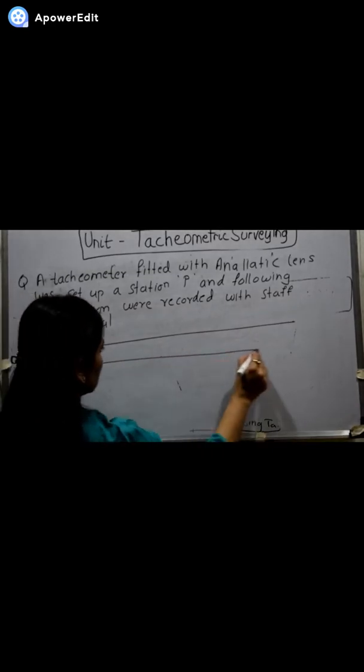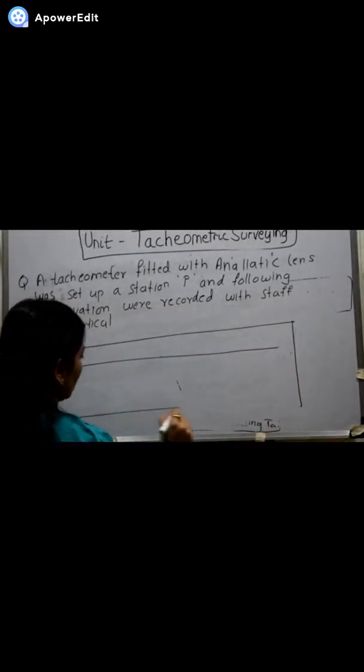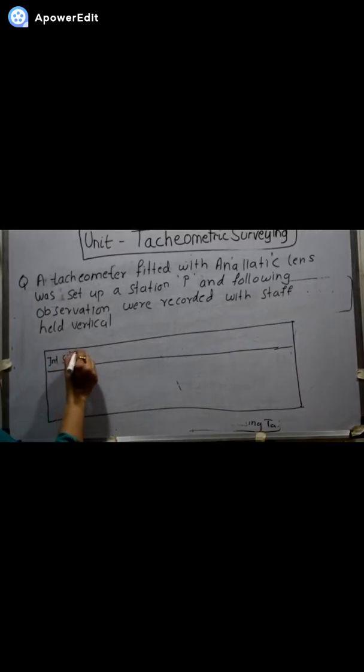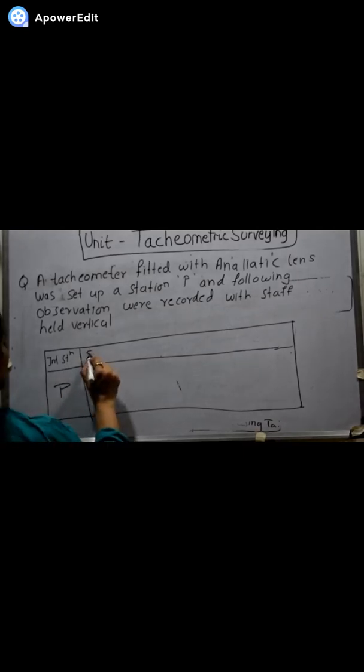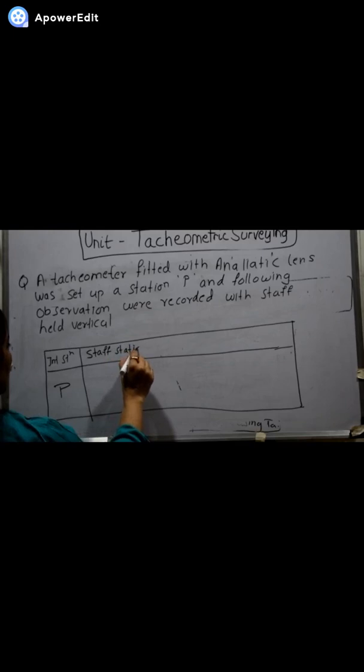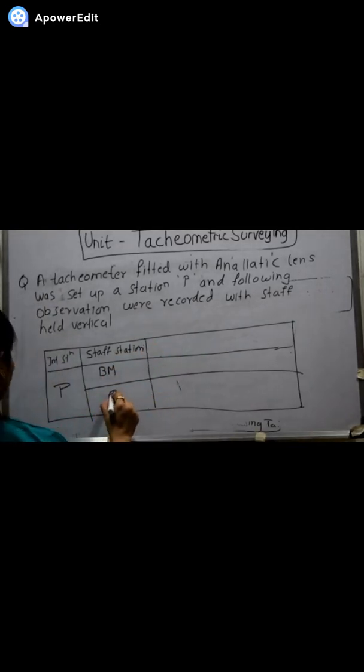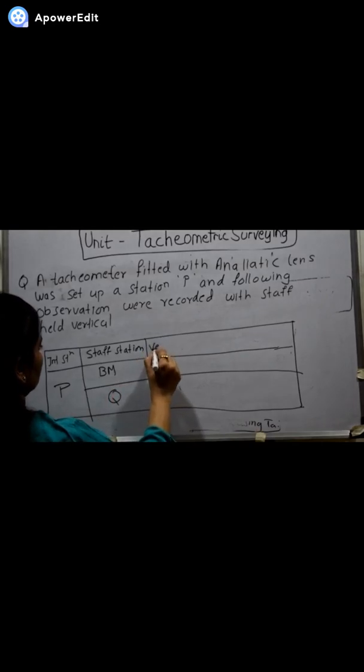These are the observations. I'm drawing it in the form of a table, which is usually shown in the problem. This is the instrument station. The instrument, as we know, is kept at P. Then there is a staff station. The staff stations they have marked as BM and Q. Then they have given the vertical angle.